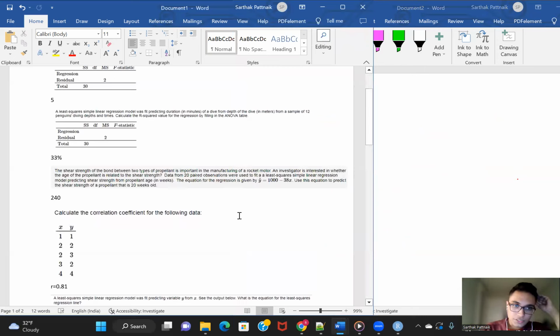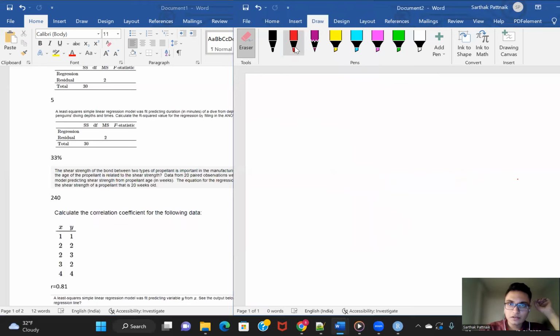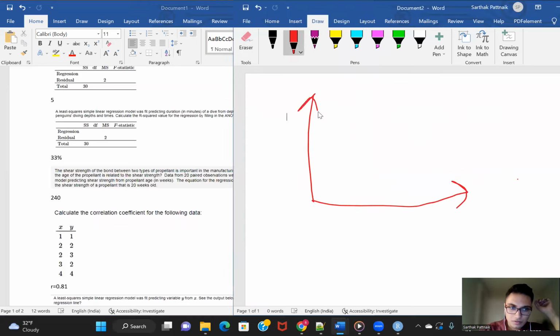Calculate the correlation coefficient for the following data. So for this data, you need to calculate your correlation coefficient. How will you do this? Basically, you have been given a few points.